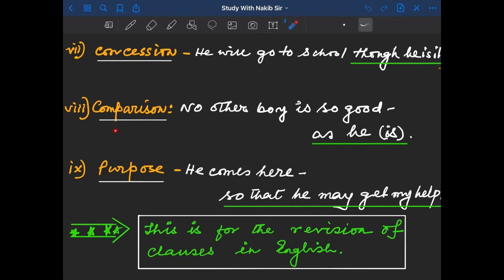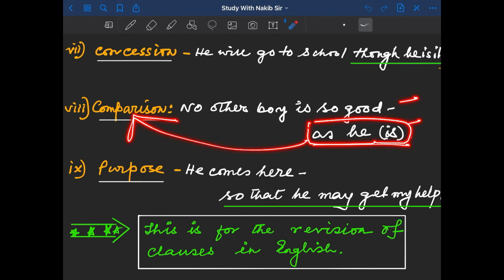Next one is comparison. See the example: no other boy is so good as he. He means he is. This is a subordinate clause expressing comparison. You can understand clearly. For this it is a subordinate adverb clause expressing comparison.